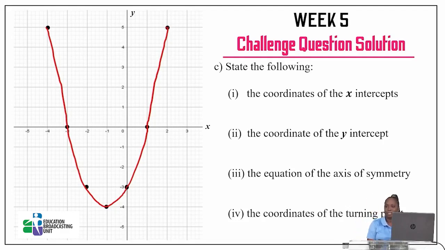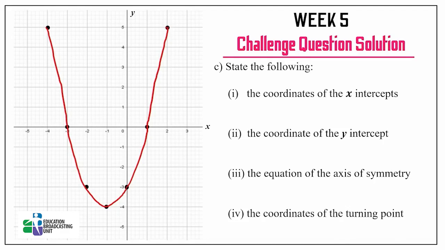Patsy asked us to state the following: the coordinates of the x-intercepts, the coordinate of the y-intercept. So let's start with point 1, the coordinates of the x-intercepts. This just means where our graph cuts the x-axis, okay?